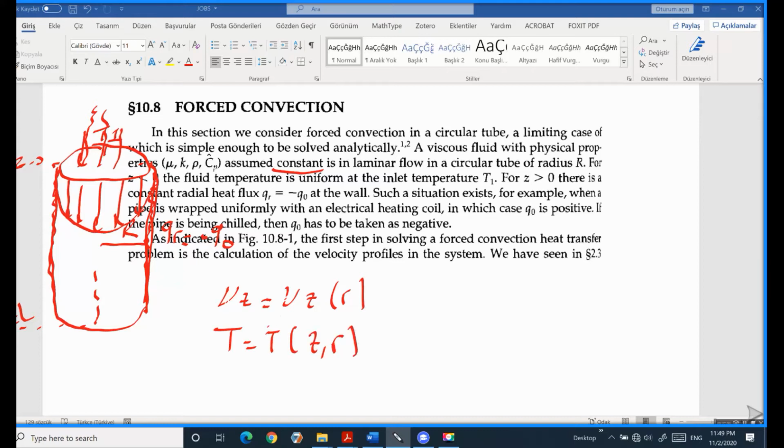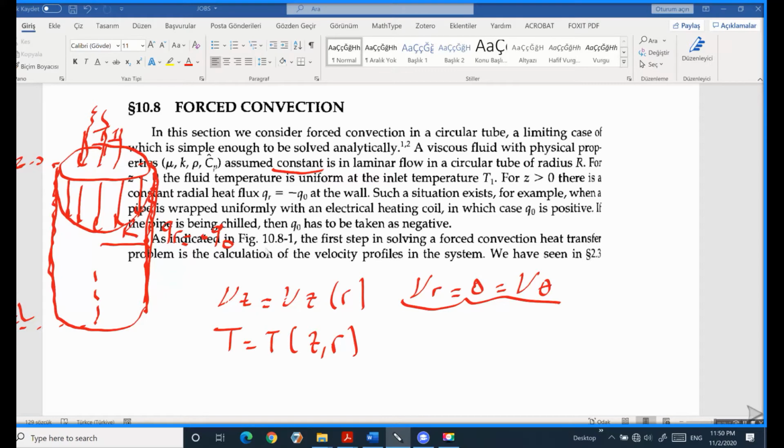So let's check again here. We know from before, because we are in cylindrical coordinates, vr was 0 and v theta was 0. We know this knowledge from before.